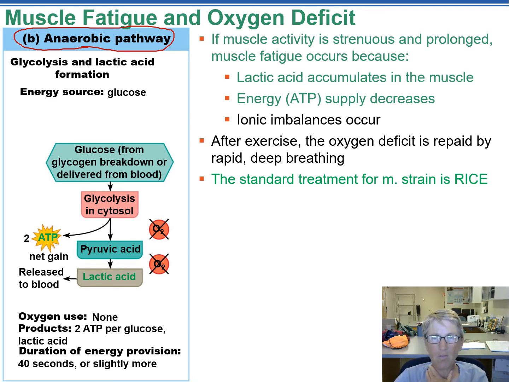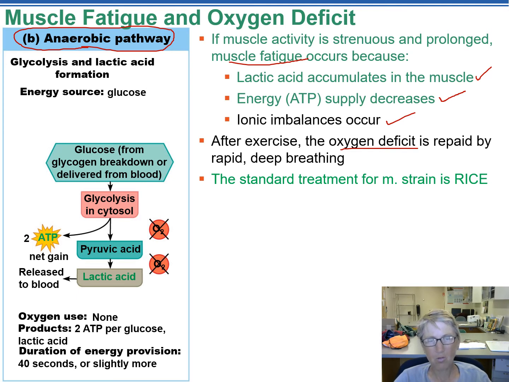So if muscle activity is strenuous and prolonged, muscle fatigue occurs because the lactic acid accumulates in the muscle, and then the ATP supply decreases. And then you also get ionic imbalances that cause the muscle to fatigue. And then after you exercise, you have an oxygen deficit, so you have to do rapid and deep breathing.